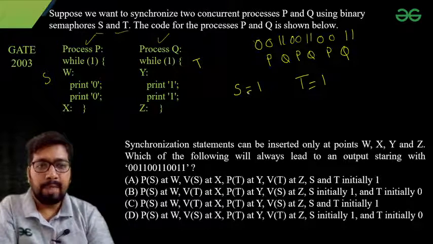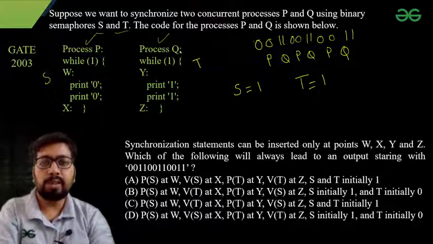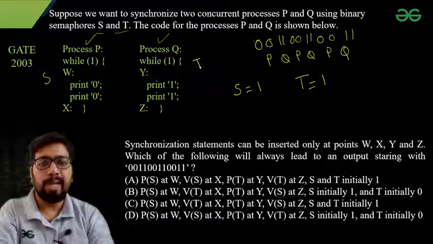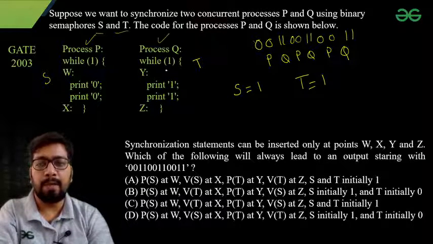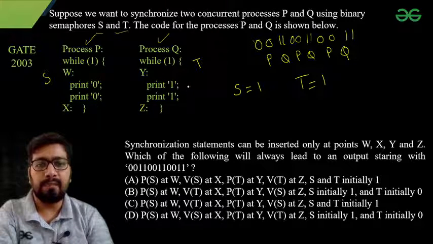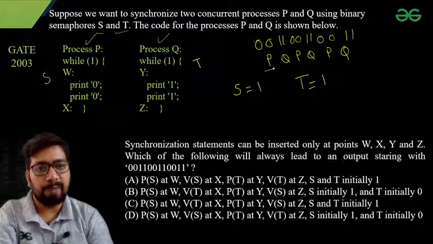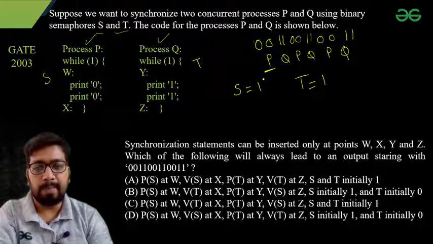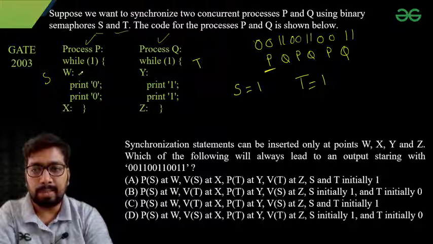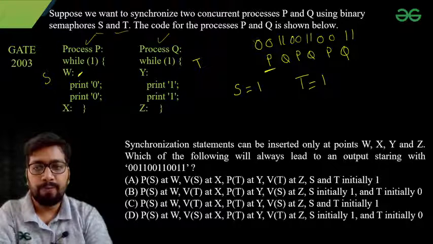Suppose S and T are both 1, and process Q performs the wait T operation earlier than process P. Then 1 will be printed earlier. So this cannot be the answer. Fine. Anyhow, we need to perform the P operation first. That means the first statement should be W. Fine. First statement should be W, then X, then Y, then Z.